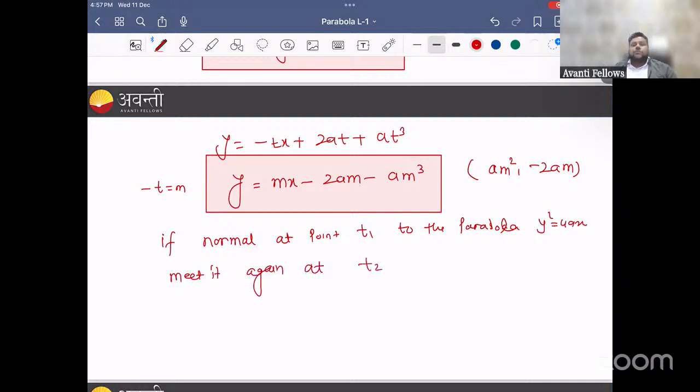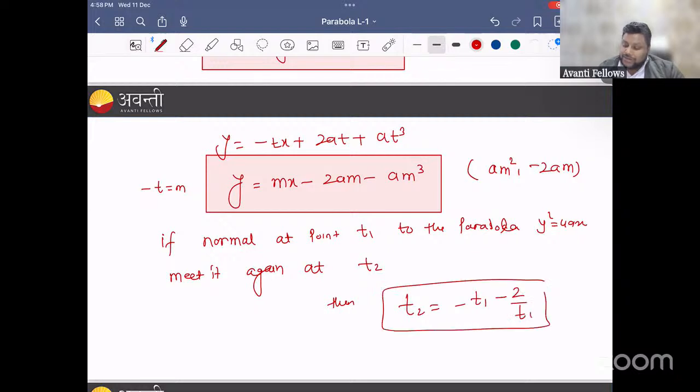So what you need to do, you know the equation of normal as Tx plus y equals 2at plus at cube. Now they are saying it is also passing through a point. It is meeting the parabola again at T2. So make it pass through (a T2 square, 2a T2). Then directly T2 you can obtain from this. T2 is minus T1 minus 2 by T1. I leave this proof for you.